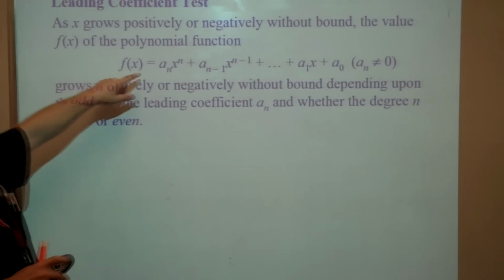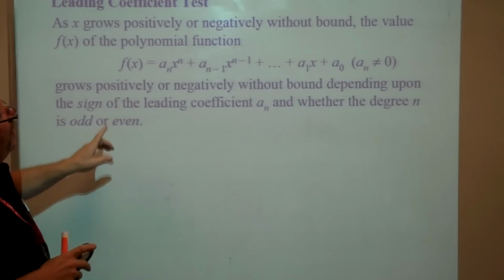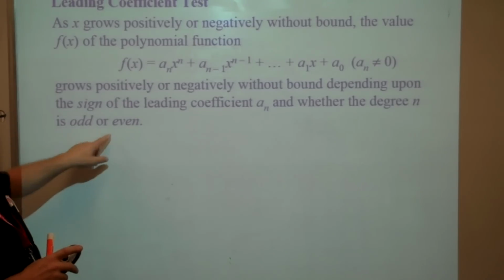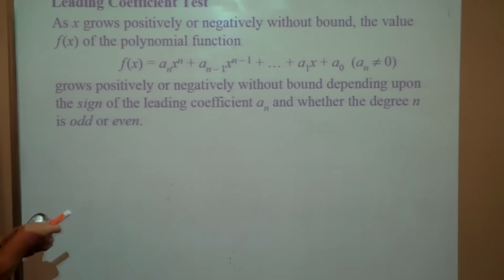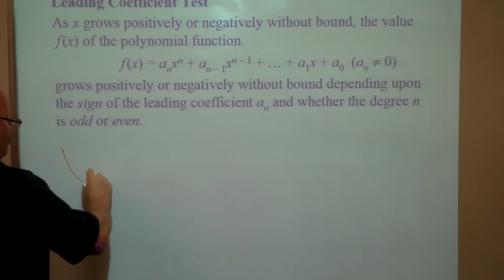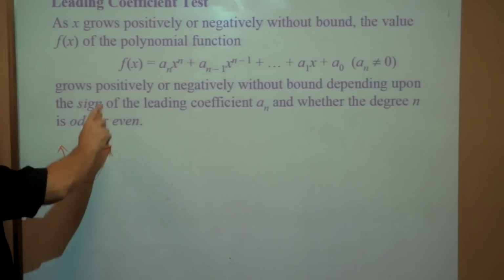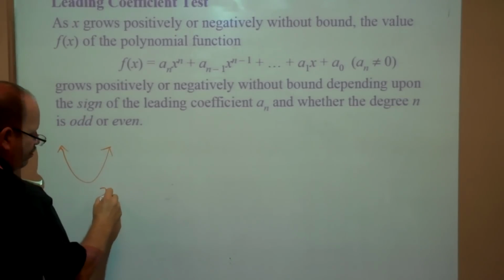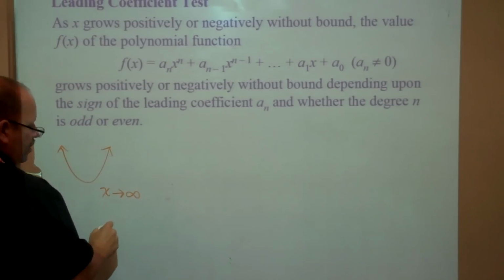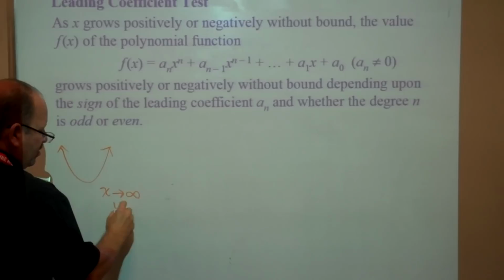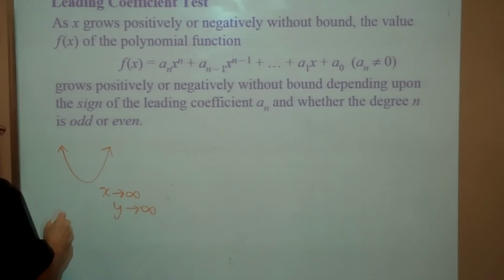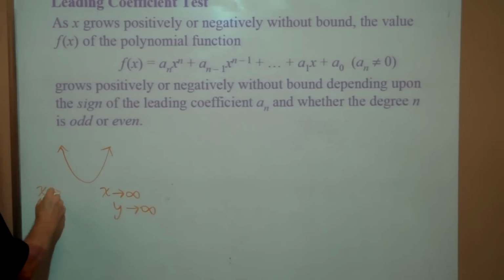In other words, if this was positive and it's even, well then it's going to grow without bound, without limit, up. As x gets bigger, y gets bigger. As x gets smaller, y gets bigger.